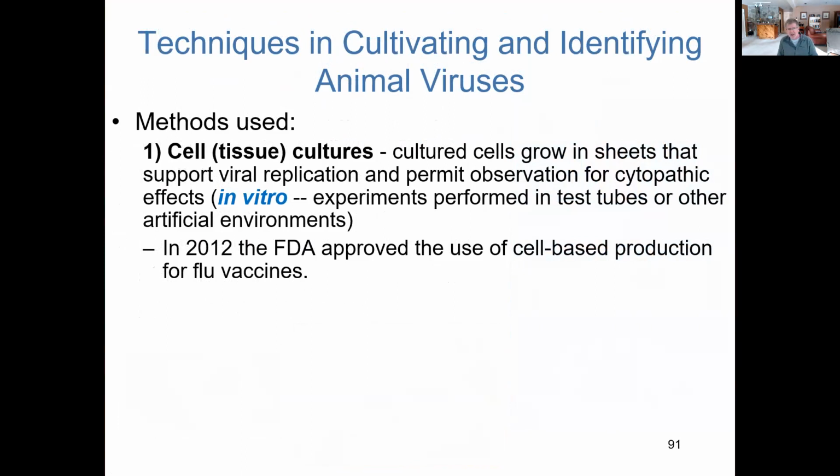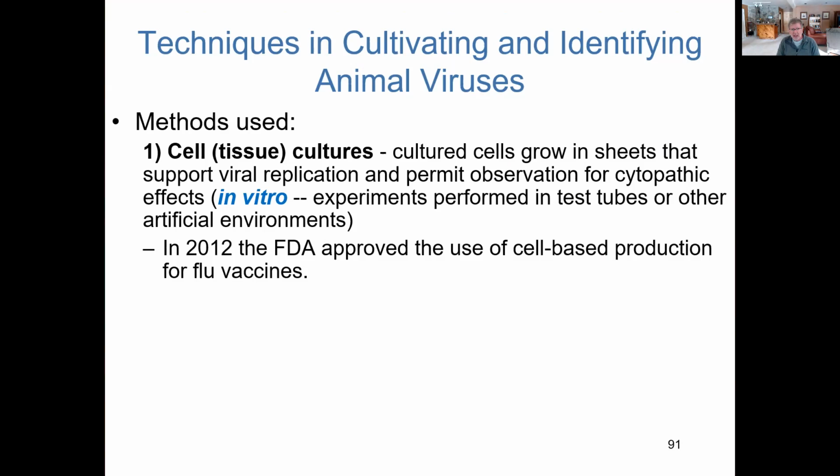As it mentions here, just in the last 20 years or so have there been some flu vaccines that make use of growing virus in tissues, in cell cultures in the laboratory, and then harnessing those to make the vaccines that we can inject into people to protect them from that particular viral infection.